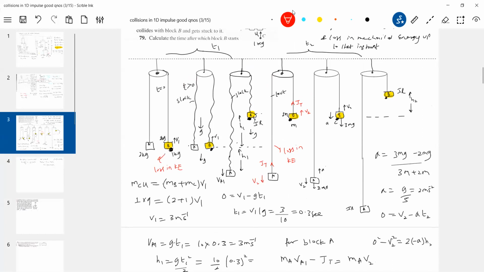It will be converted into heat, sound, or deformation of the block B and the particle C. What about the loss in kinetic energy here? It will be taken by the string. Are you able to interpret the energy aspect here? The loss in energy will be in the form of deformation of the block, or sound, or heat. What about here? It will be consumed by the string, as heat generated in the string.